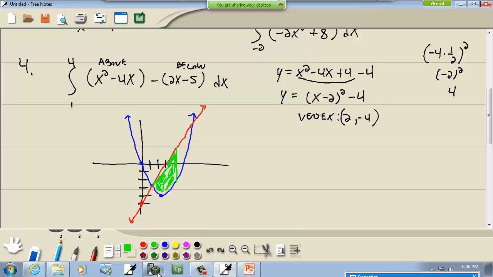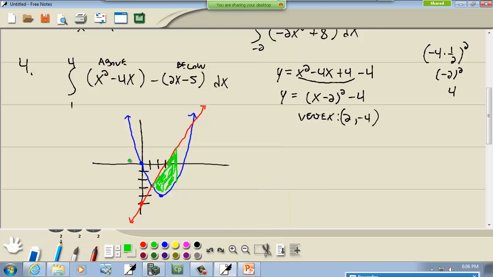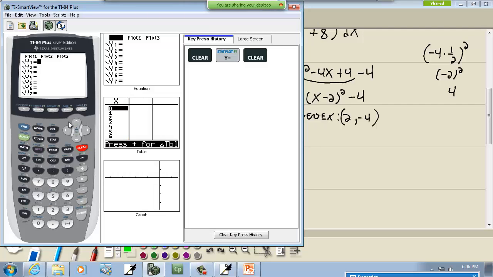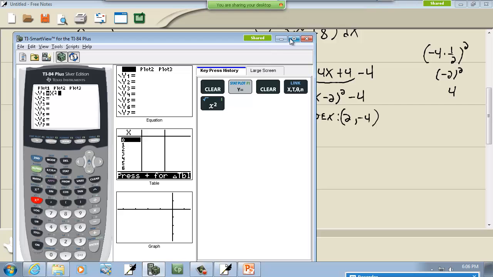Let me show it on the calculator. What you would do is you'd press your y equals, press your clear, and here you'd put in your first function, x squared minus 4x. So x squared, let me make that a little bit bigger.